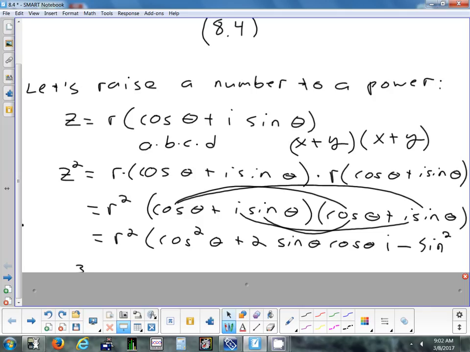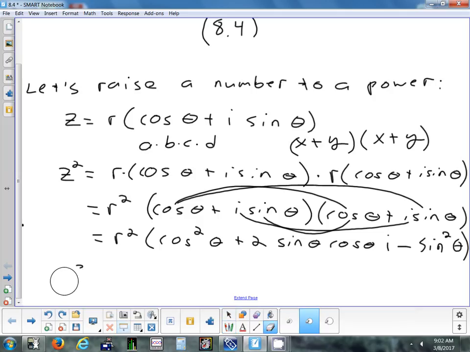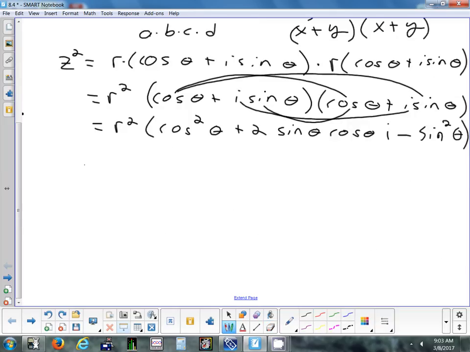And then I have sine times sine: sine squared. Now I'm going to take what I have there and regroup it a little bit. I'm going to change the order and see if you notice something. I'm going to put cosine squared minus sine squared right next to each other.